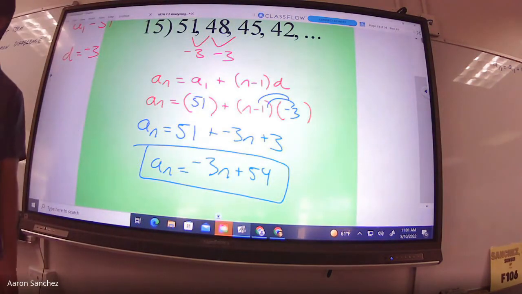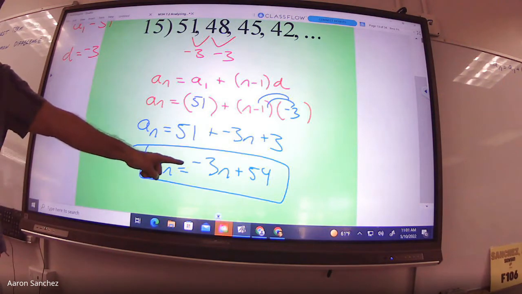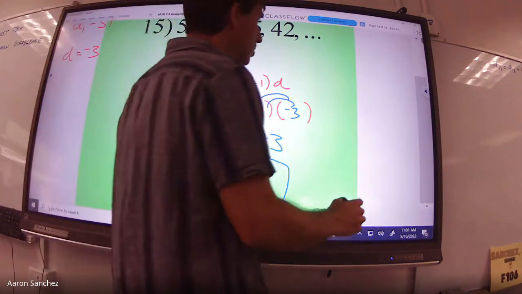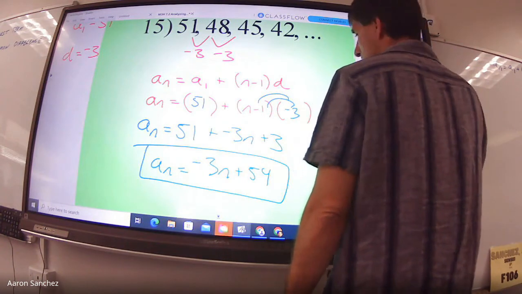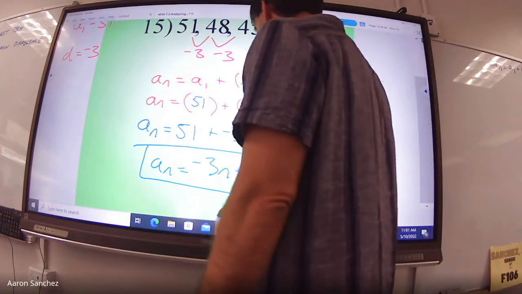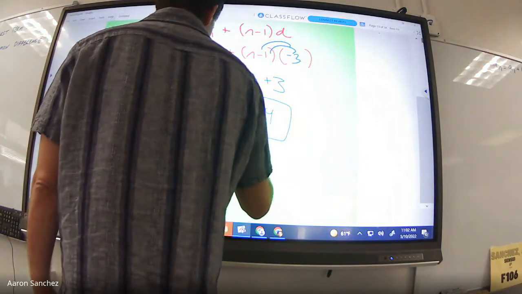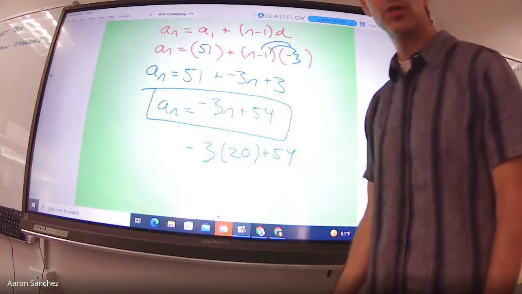This is the easiest part. We've done the easiest part so far. How many of you got this? Negative 3n plus 54. What am I asking for? 20th term? So for the 20th term, you just go negative 3 times 20 plus 54, right?